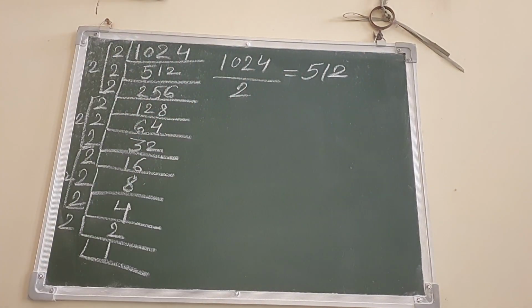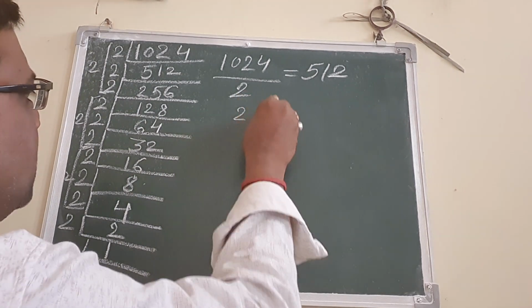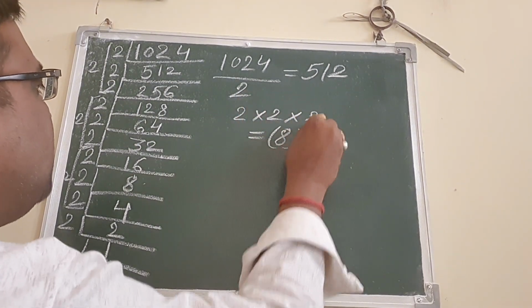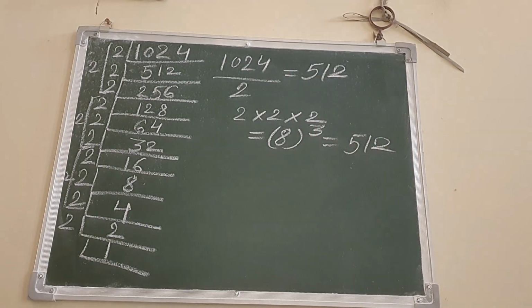So 512 is the perfect cube, and the cube root will be 2 into 2 into 2, that is 8. So it is the cube of 8. The smallest number that should be divided to make it a perfect cube is 2, because it is not having a group of 3.